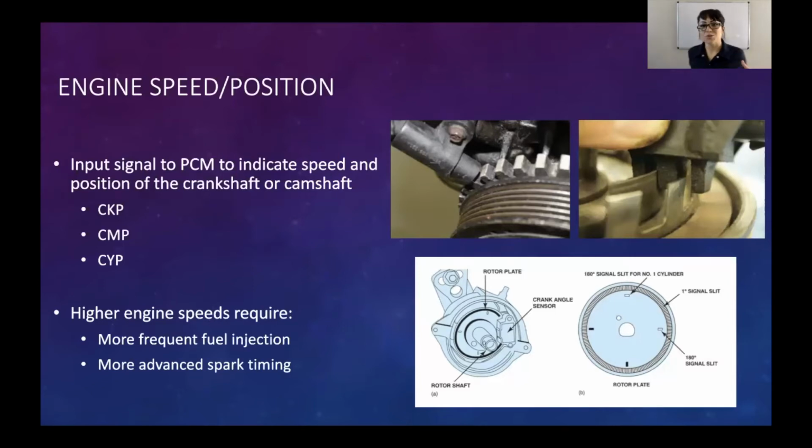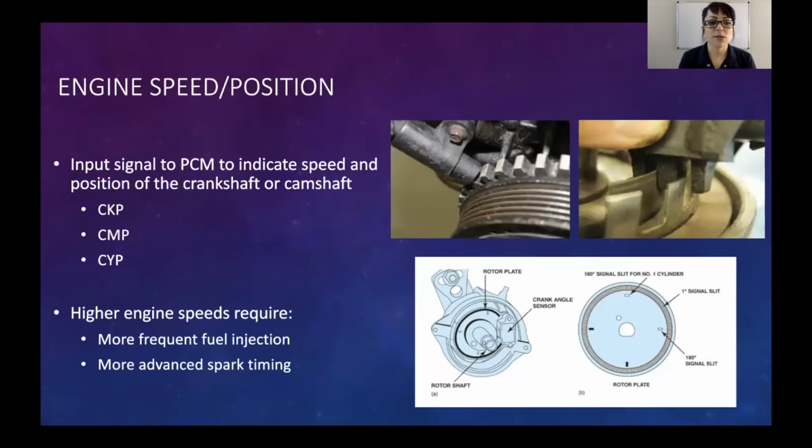This one is extra, extra important. So this one will for sure cause the engine to not run if it goes bad. Others as well, but this one particularly. So pretty much all vehicles are going to have at least a crankshaft position sensor, if not a cylinder position sensor, which would be a CYP.